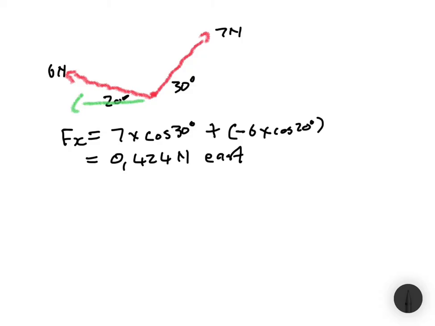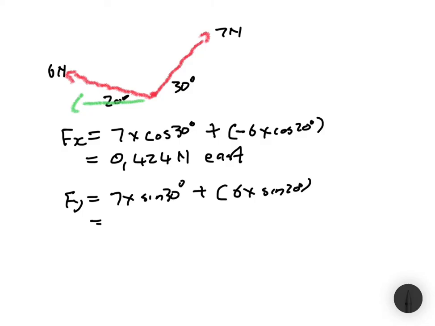And then now let's move to the vertical components. So we're going to say Fy is equal to, so all the vertical components of these two forces are pointing up, right? So we're just going to put them as they are. We're not going to put a negative sign. So we're going to say 7 times sine of 30 degrees plus 6 multiplied by sine of 20 degrees, right?